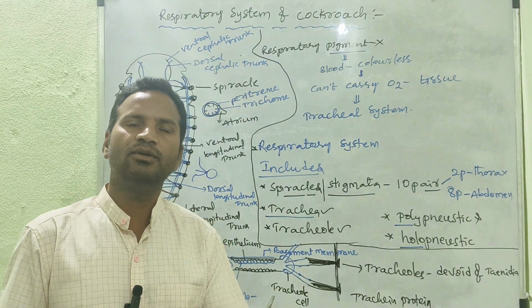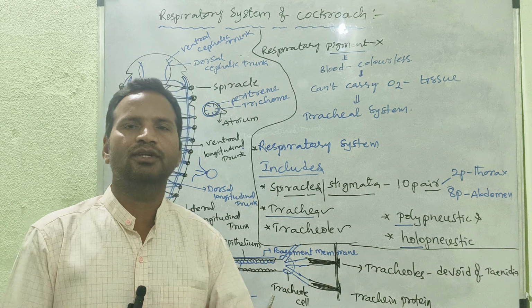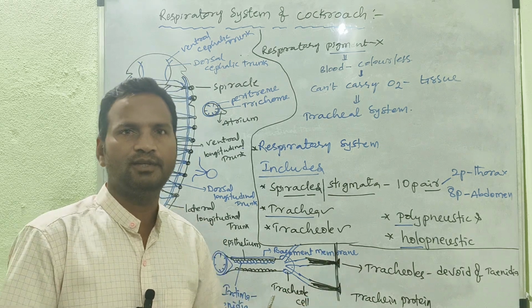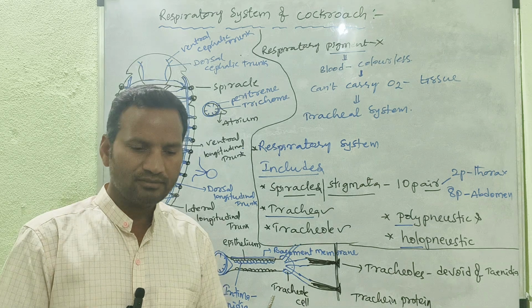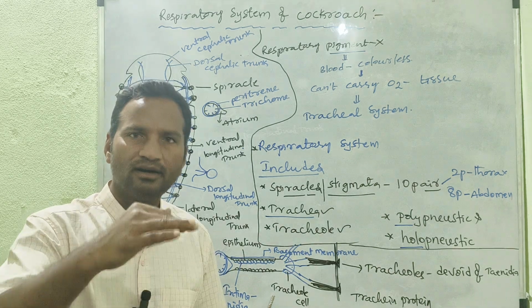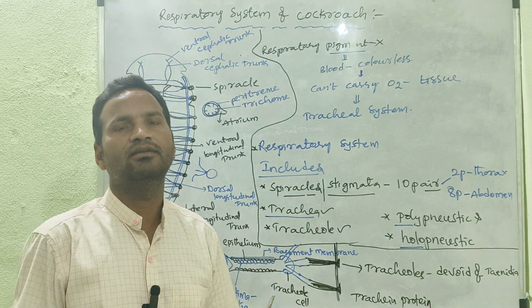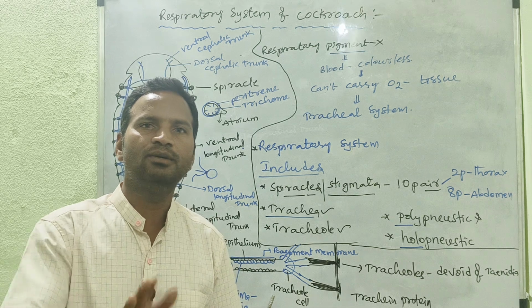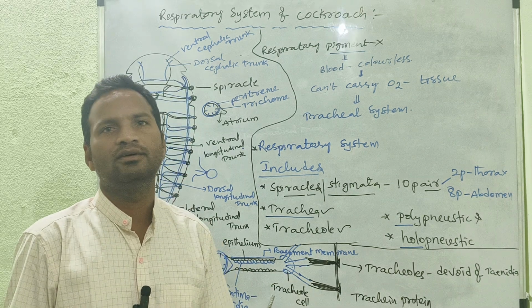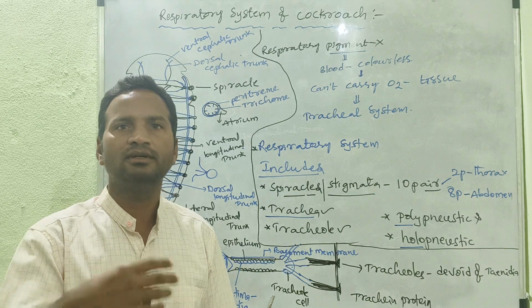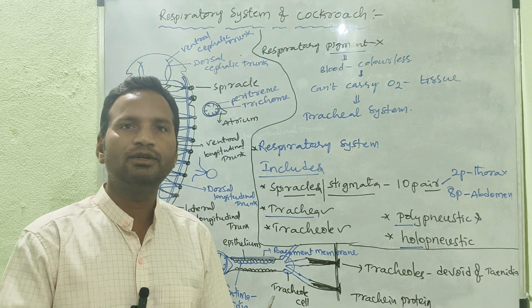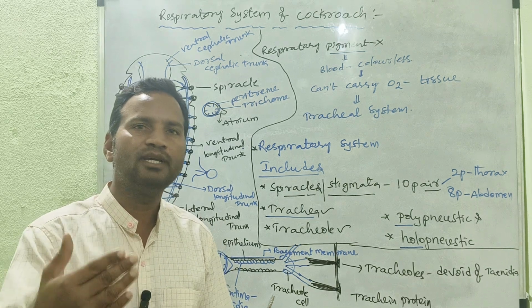Now let us see expiration. Expiration means releasing or sending out air from the body. The expiration process in the cockroach is an active process, meaning the cockroach releases air from the body into the atmosphere while consuming energy.